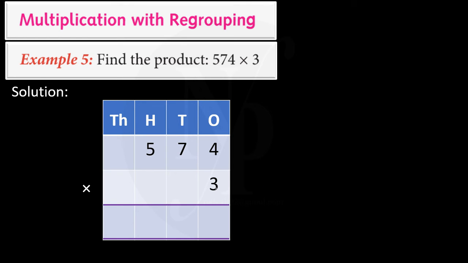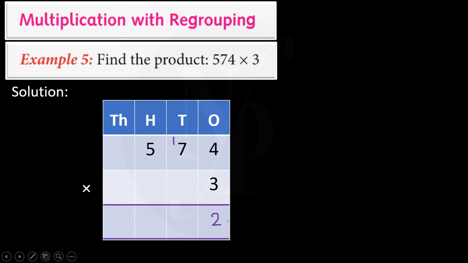Let us now multiply starting from ones column. Here we have 4 ones to be multiplied by 3, and 4 ones multiplied by 3 gives us 12 ones, and 12 ones are regrouped as 1 ten and 2 ones. So 1 ten is carried forward to the tens column, and 2 ones are written in the ones column.